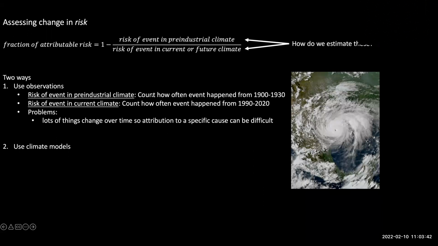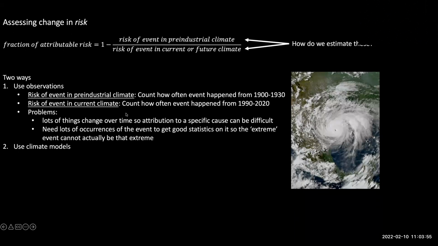Another issue is that a lot of times we're interested in the most extreme events. Like Hurricane Harvey is this very, very extreme rainfall event. But in order to use observations to estimate these things, you need a lot of occurrences of that thing. And so the more occurrences there are, by definition, the less extreme that thing is.